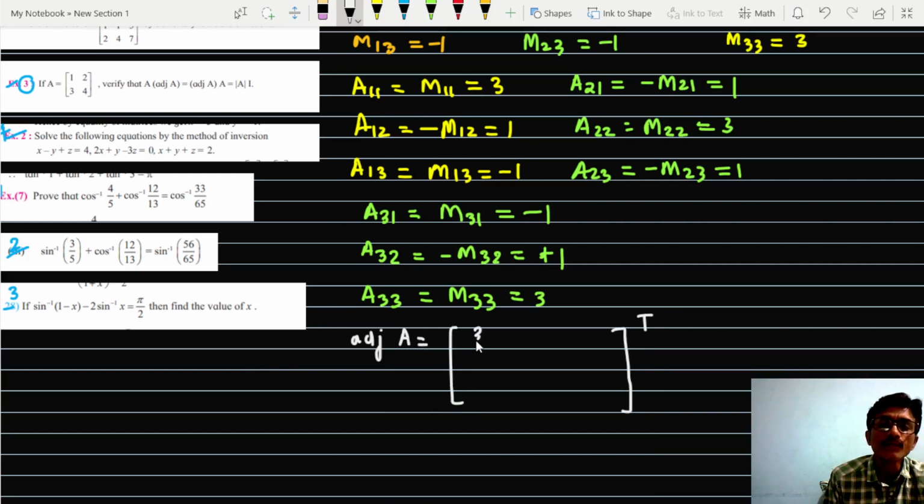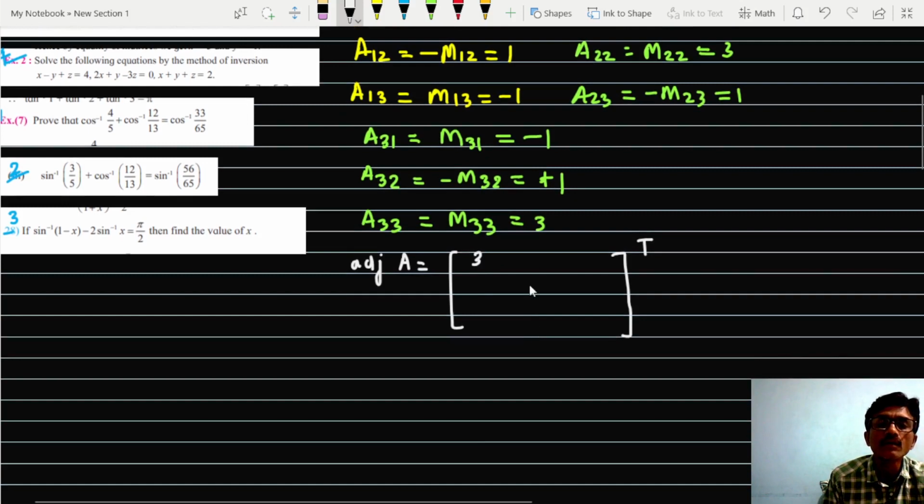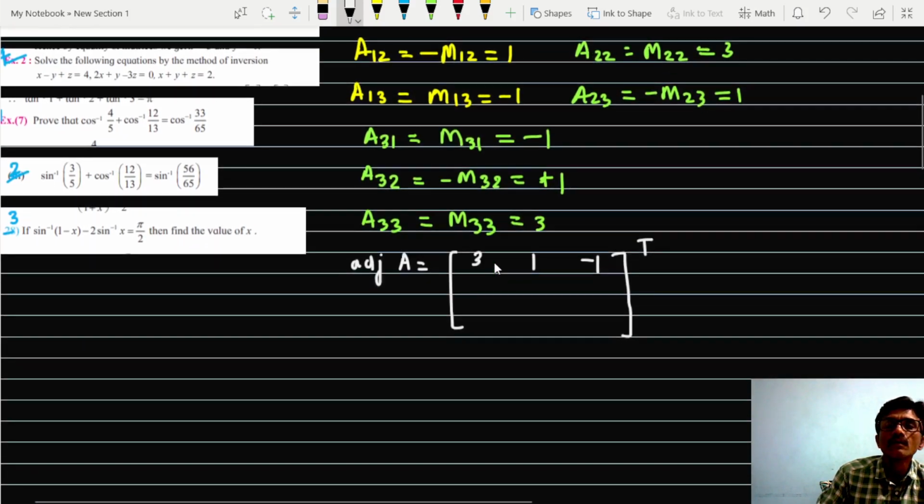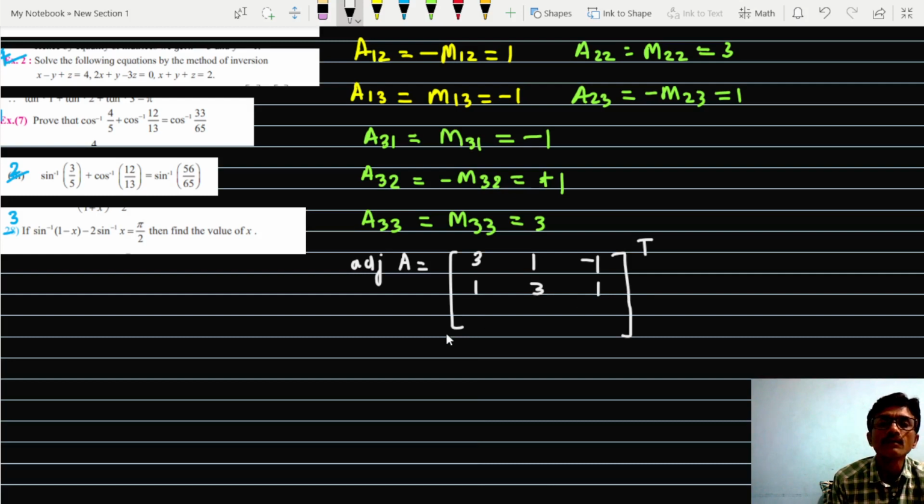A11 is 3, A12 is 1, A13 is minus 1, A21 is 1, A22 is 3, A23 is 1, A31 is minus 1, A32 is 1, A33 is 3.